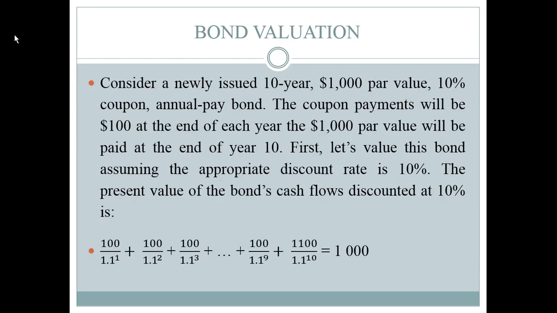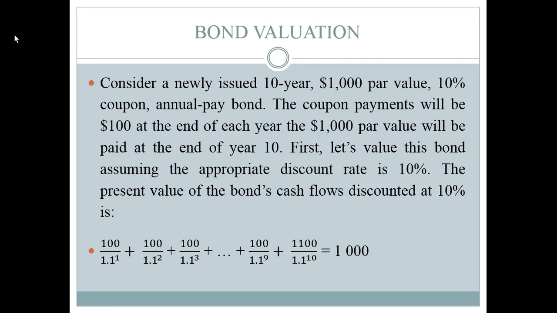So here we are going to an example on bond valuation. The question reads, consider a newly issued 10-year $1,000 par value 10% coupon annual paying bond.